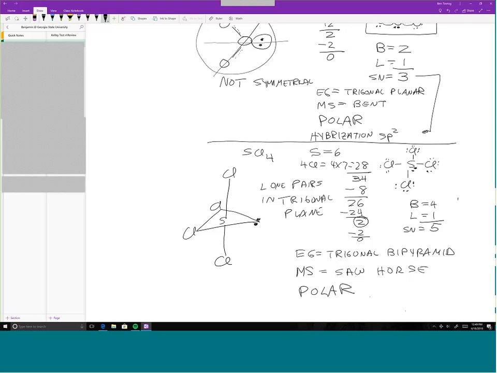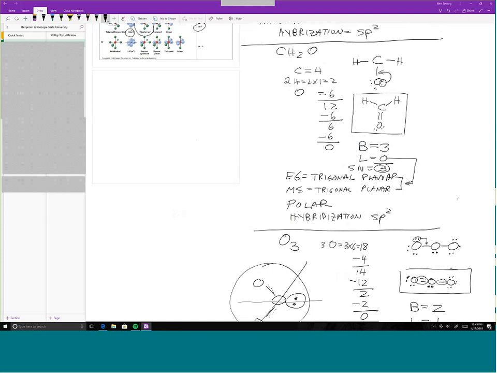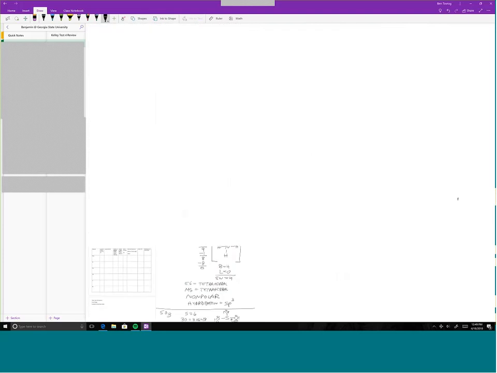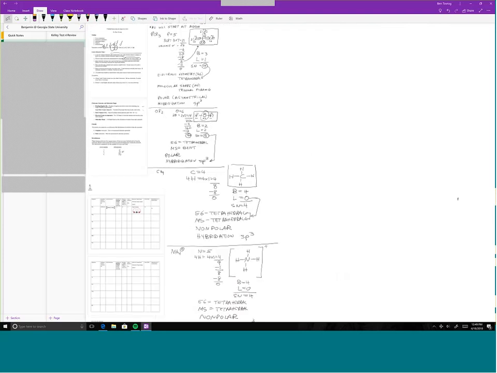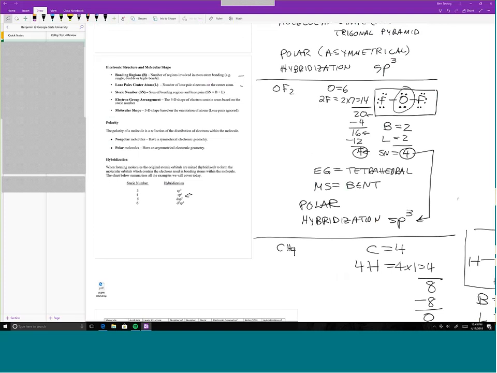and its hybridization is DSP3. If we go back to the chart I put together, there's a little table there that shows it, DSP3. Again, the sum of the orbitals adds up to the number of positions in the steric number.